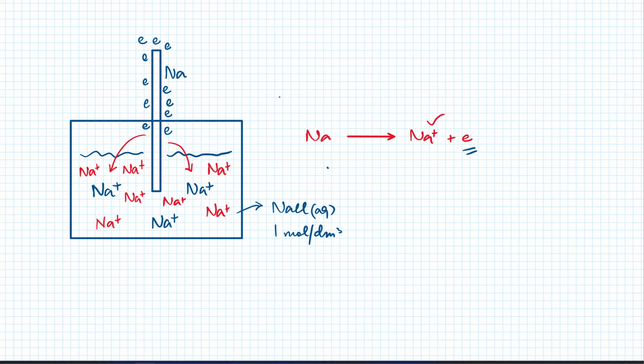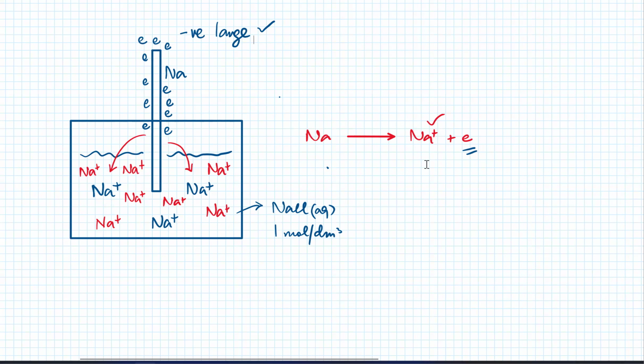But this is not going to happen endlessly. A point would come. Sodium is dissolving, producing more and more ions, and more electrons are being left behind on the metallic rod. So there's a negative charge building up on the metallic rod, and that negative charge is probably going to be very large because sodium is very reactive. Sodium likes to lose a lot of electrons.